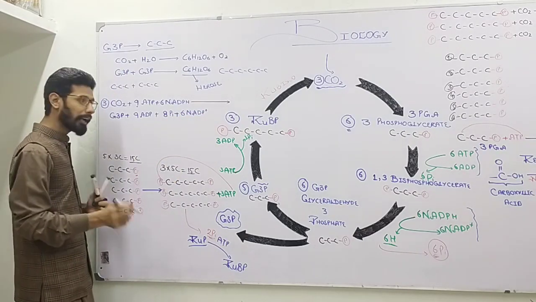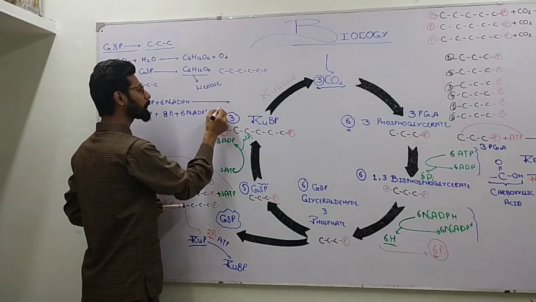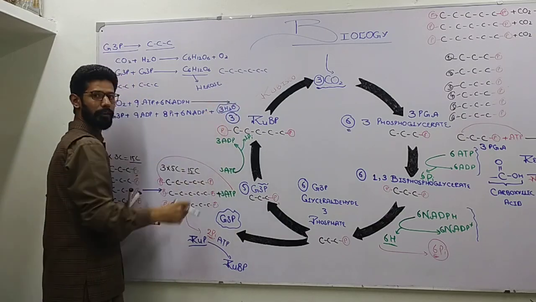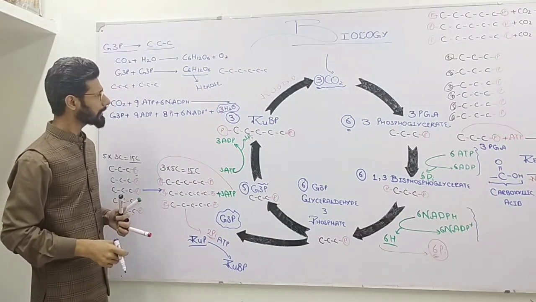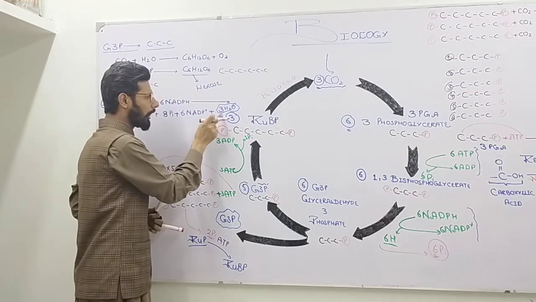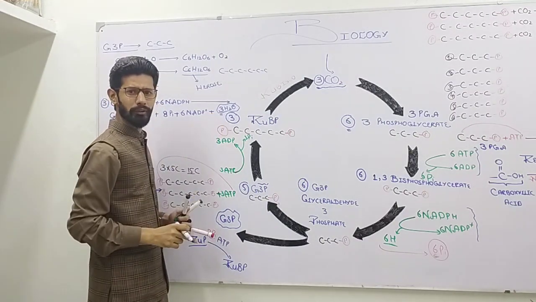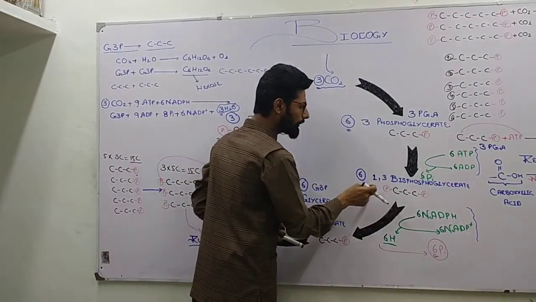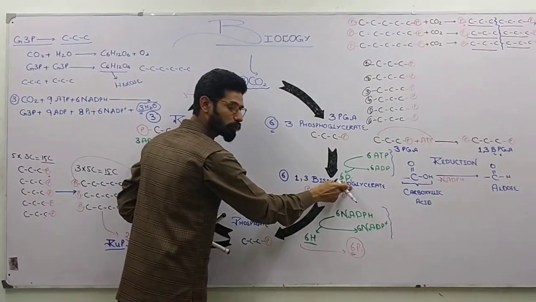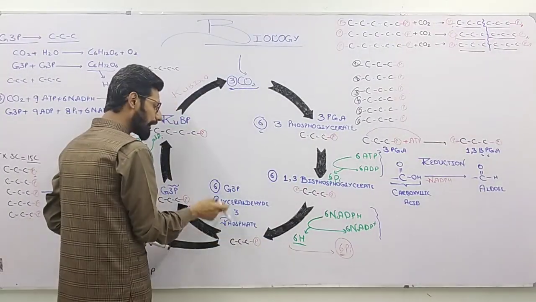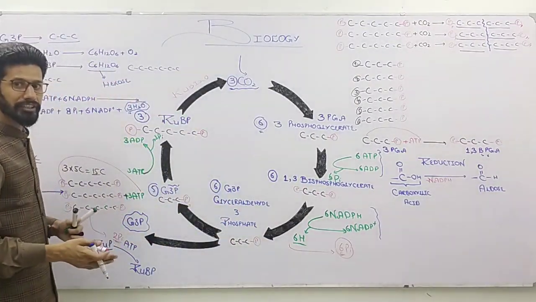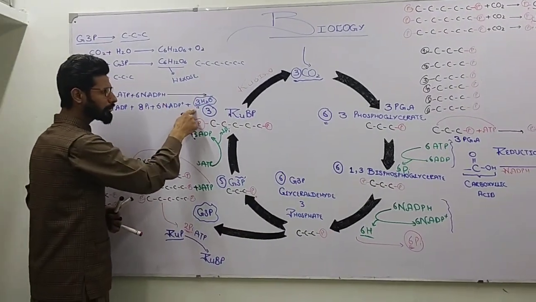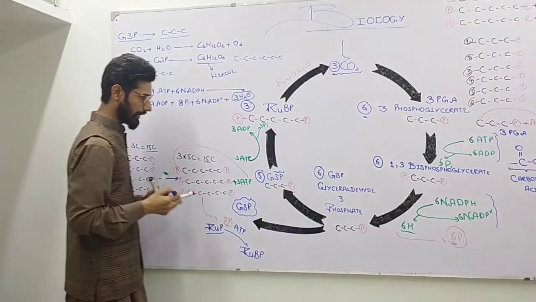And 3 molecules of water are also released. Where do these 3 molecules of water come from? The water comes when 1,3-bisphosphoglycerate is reduced into glyceraldehyde 3-phosphate. During this reaction, water gets released, so 3 molecules of water are generated during the cycle.